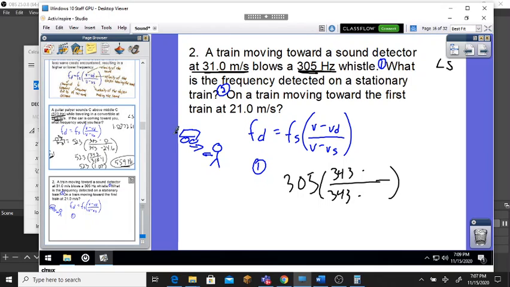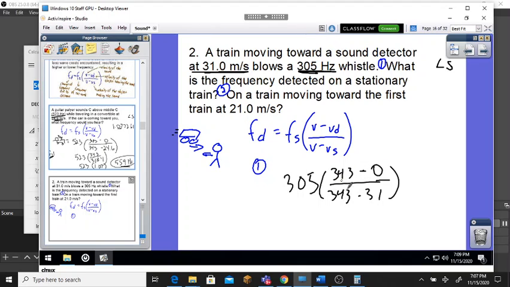Here you have the train and it's moving, and it's making the sound, so that's the velocity of what's making the sound. It's moving towards a sound detector, and the sound detector is standing still, so it's not moving.